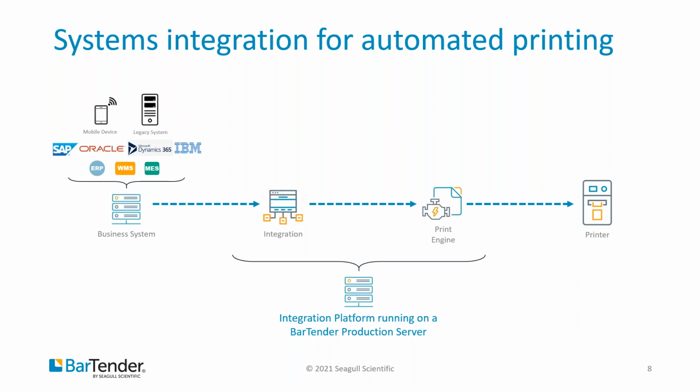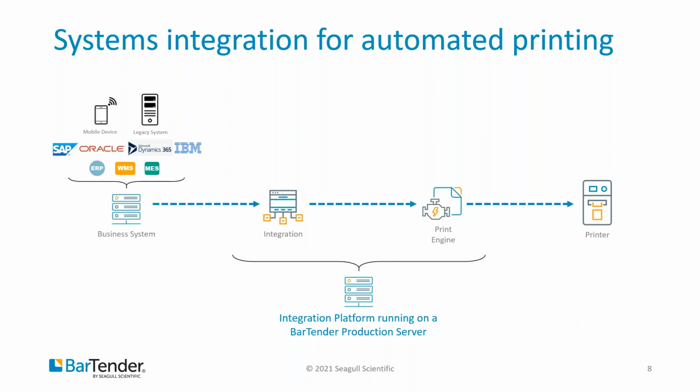Unfortunately, business systems tend to be not the greatest at producing a print job for a barcode label printer. So this is where BarTender comes in, both in terms of the design and print engine capability, but also the integration platform, as this is the glue that connects the business system to the world of BarTender.